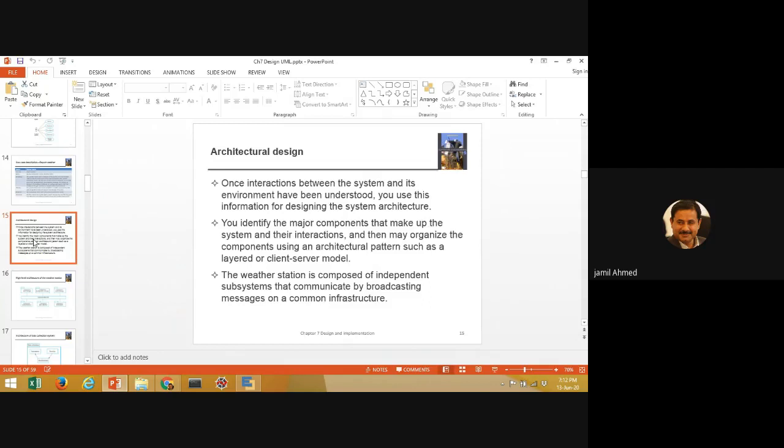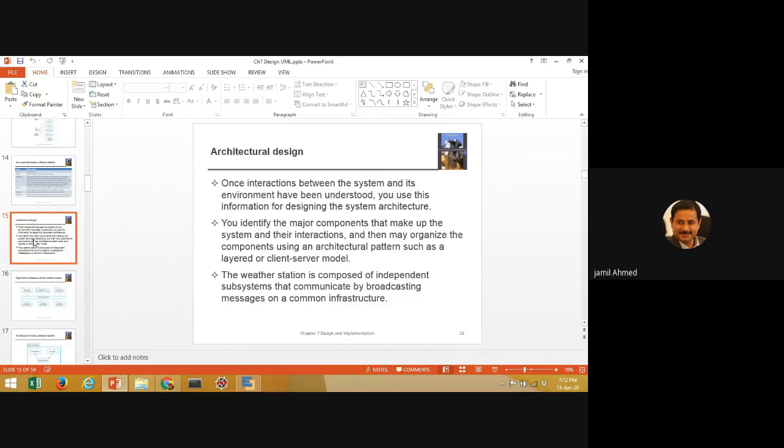The system architecture is some sort of figure that gives us the ability to understand how the system will work and how it will interact with each component, and what would be the interaction between different types of components.